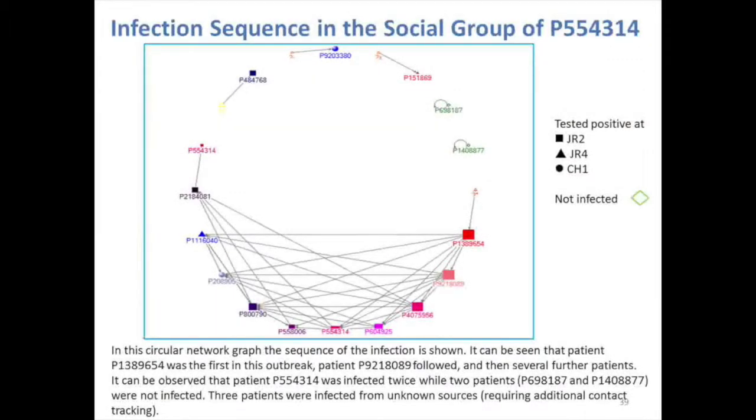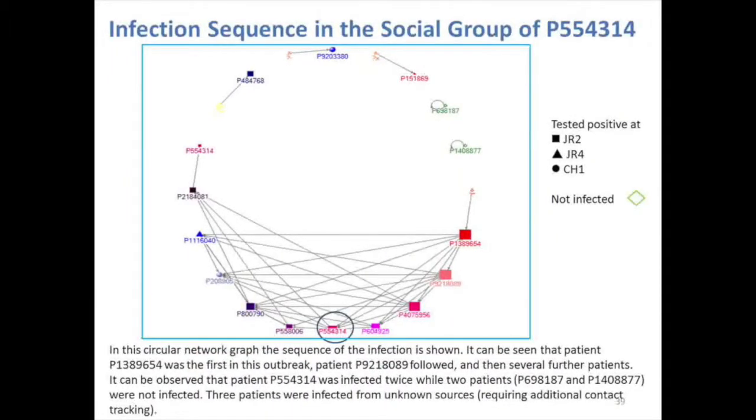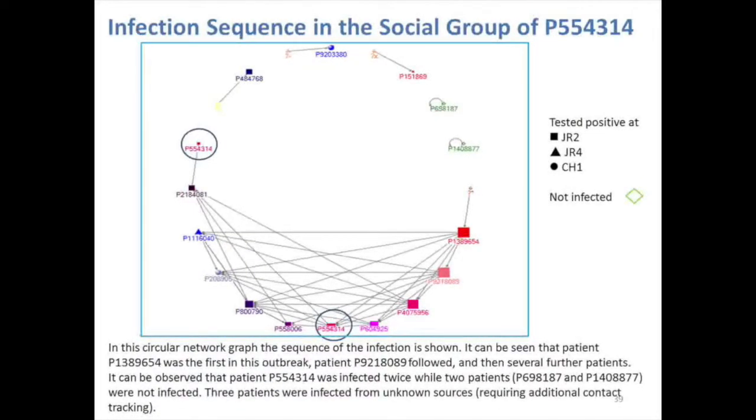Ideally, we analyze the whole patient population for all the infections. What we've done here is that you can see the patient was infected twice. The first time, the patient could have been infected by these four patients that he came into contact with, and then he could have infected these other patients. Then he was infected a second time by a different patient.